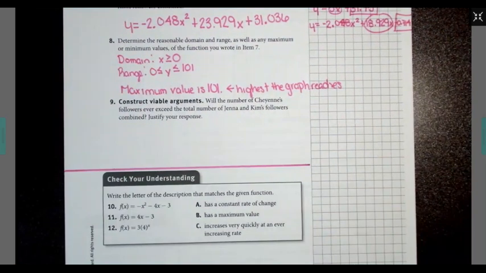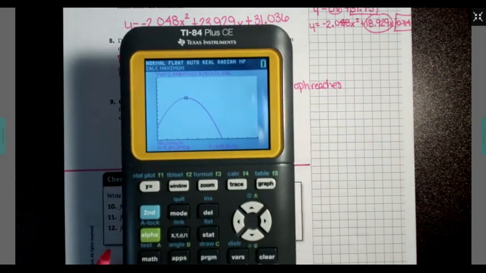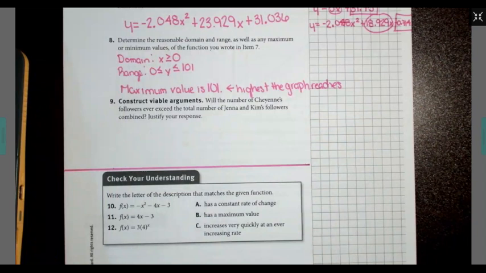Okay, let's take a look at our last question. Construct a viable argument. Will the number of Cheyenne's followers ever exceed the total number of Jenna and Kim's followers combined, and justify your response? So will she ever get above their graph together, this joint picture? Yes.